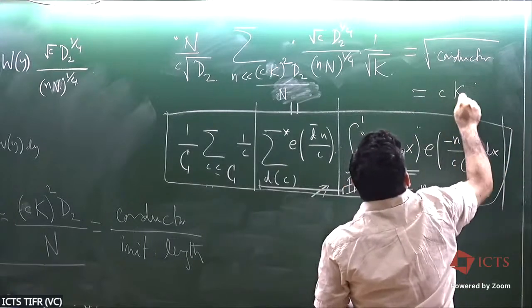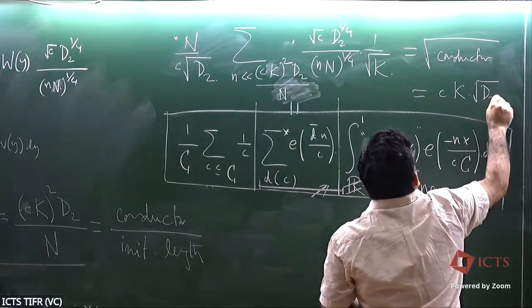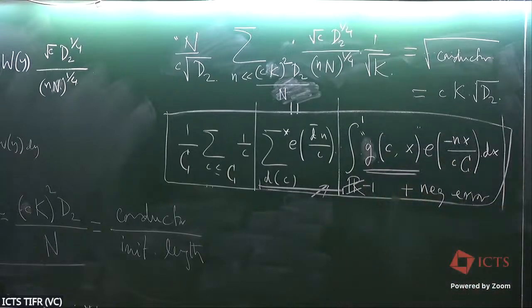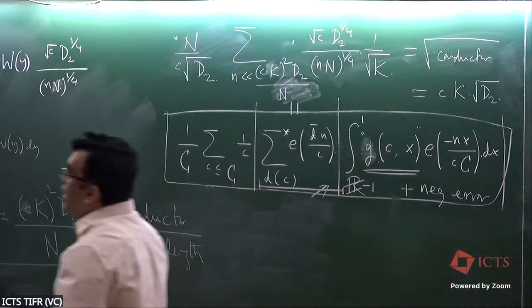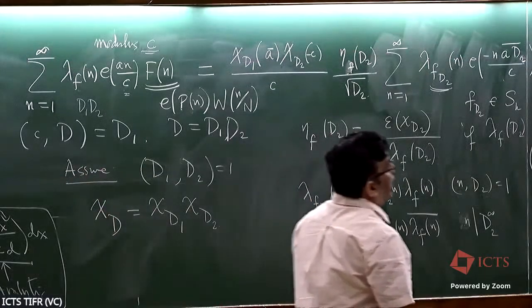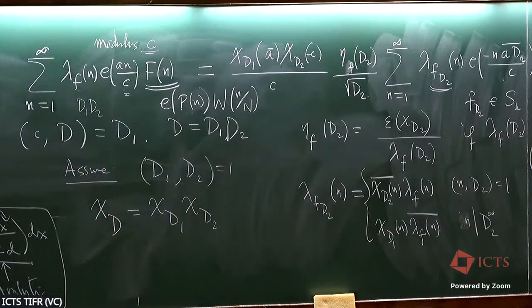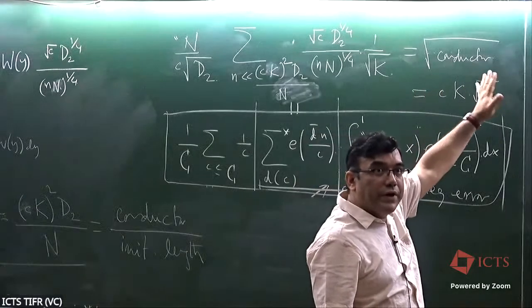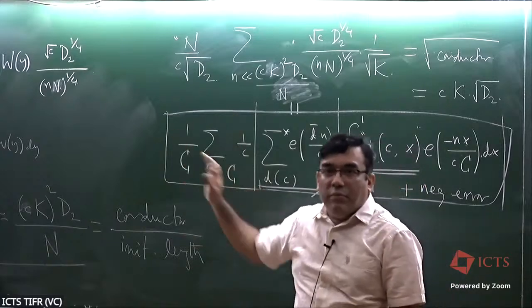This is of size ck square root of d2. Okay. So again, the saving is we started with the sum of length capital N, and trivially it is bounded by capital N. And when you come to this side and estimate it trivially, it is bounded by square root of the conductor. So again, the saving will be n by square root of the conductor.